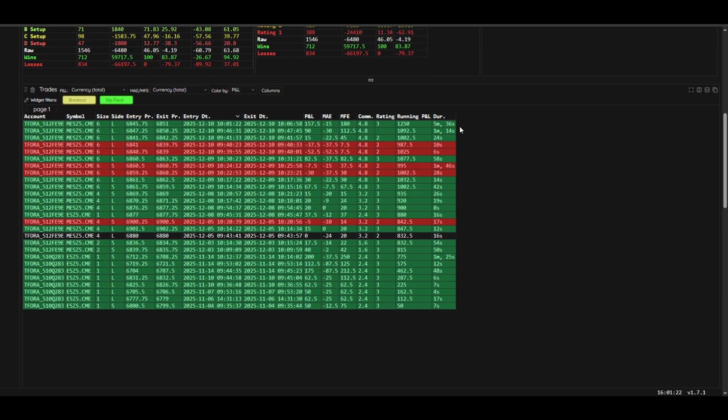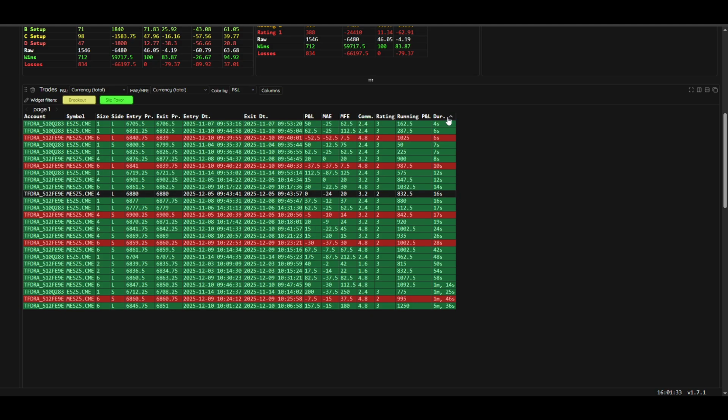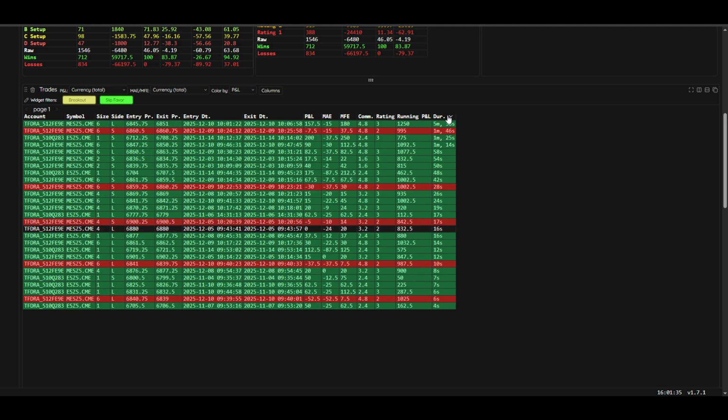Where is entry? See your duration. Filter your duration on the right. Click on it, just click up there. Oldest to newest or highest to lowest? Highest to lowest. Make 4 of these trade windows.